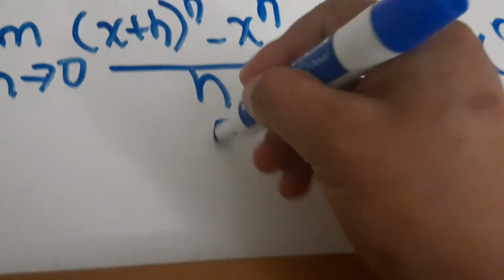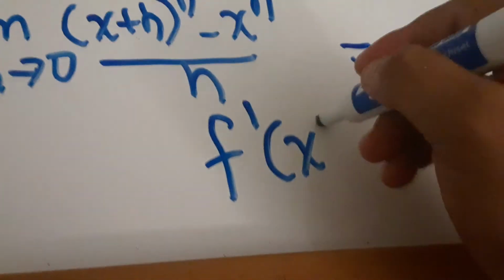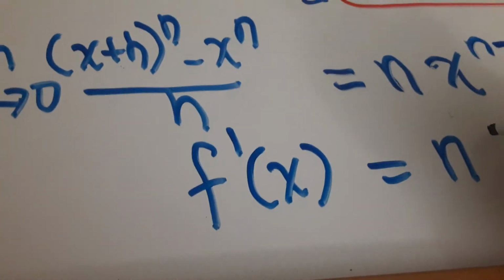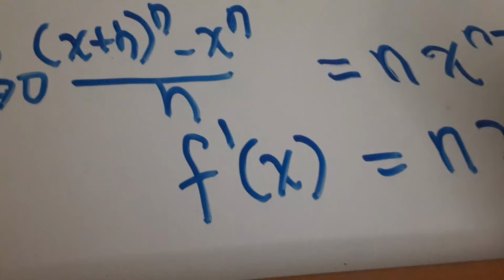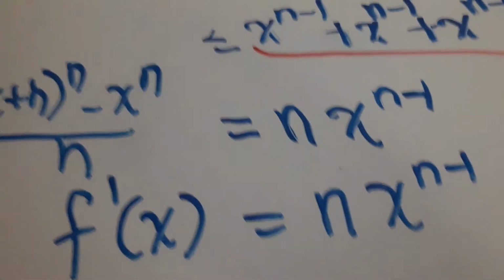But what's that? That is the derivative, because that was the definition of the derivative. F prime of x will be n times x to the n minus 1. All right?